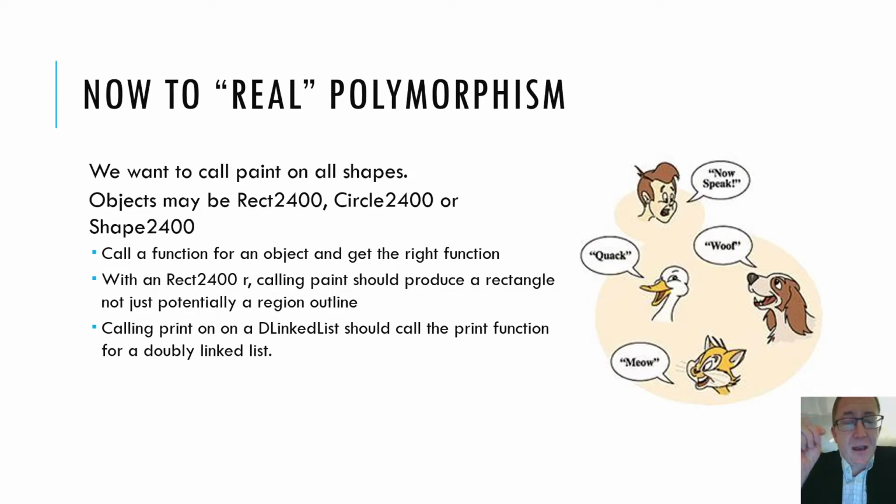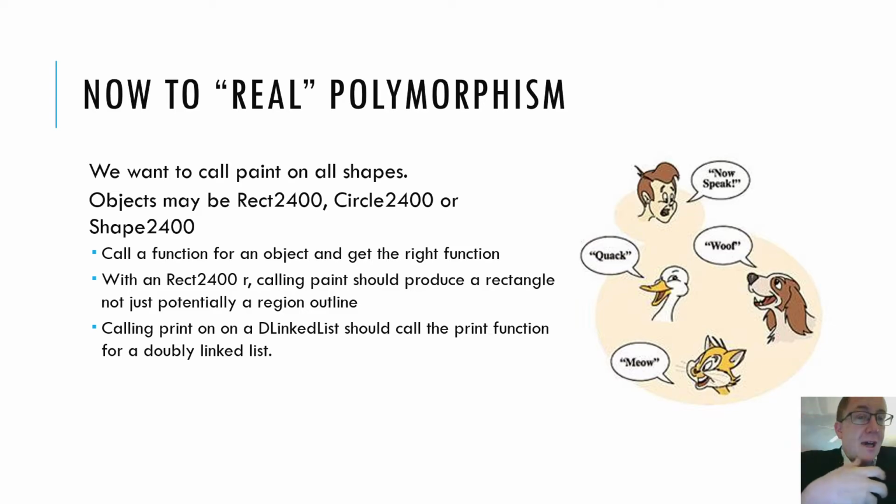The idea is if I call paint on a rectangle, on a circle, on a shape, I expect the right function to be called. I just call paint on all three of these things, and what I would expect is that if I call paint on a rectangle, I get a rectangle. If I call paint on a circle, I get a circle.